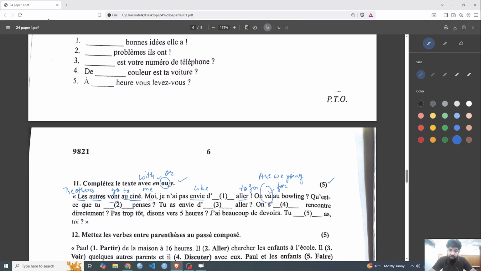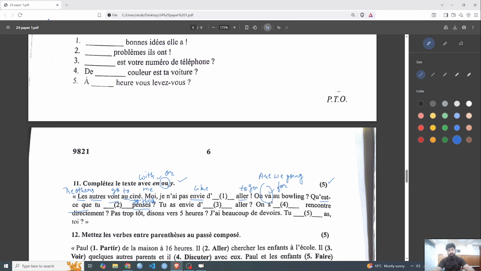Then it says qu'est-ce que tu. So basically, it is actually asking a question, and this pense is basically your verb. So it's penser, the verb, which means to think. And qu'est-ce que, basically, is used to ask a question in French.